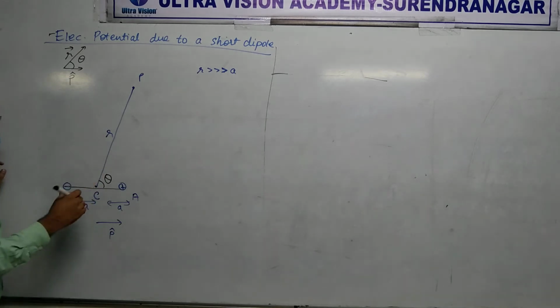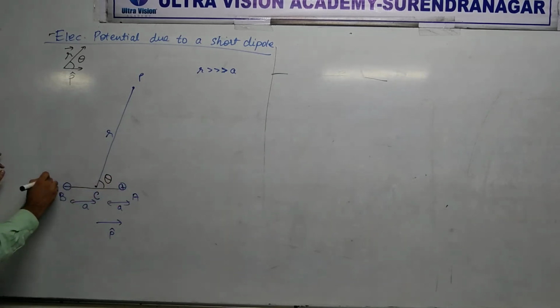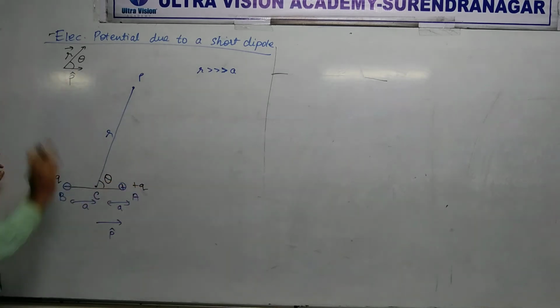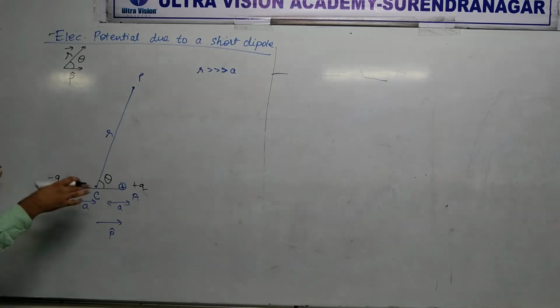So first of all, you can write it in words. Let there be a dipole with charges plus q and minus q with dipole moment p vector. Okay, p equal to 2aq.